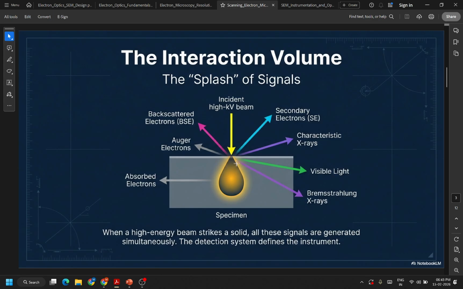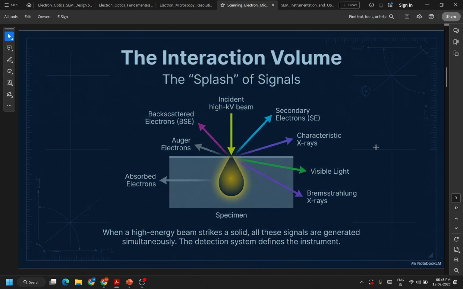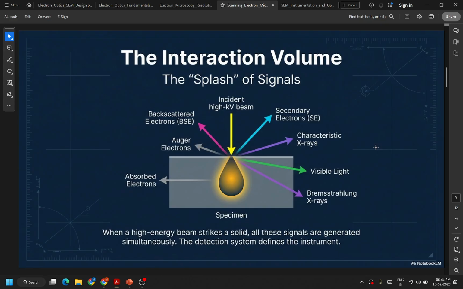Next signal would be your X-rays. Since this scattering is happening, there will be some loss of energy in the electrons, and that loss of energy is given out as radiation. That will be your visible light and your Bremsstrahlung X-rays, depending on how much scattering is happening.